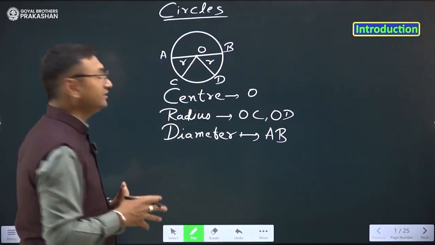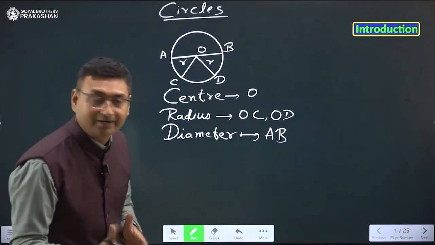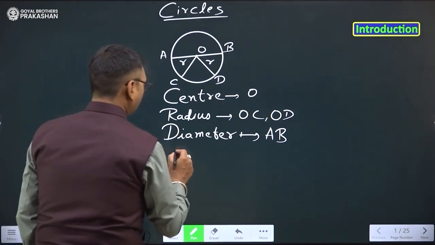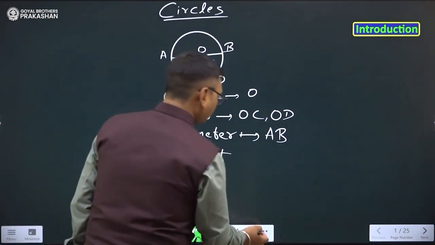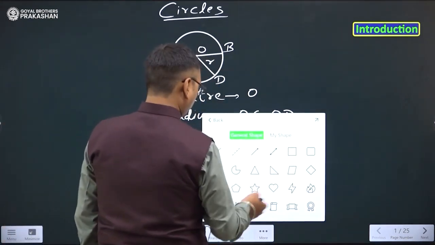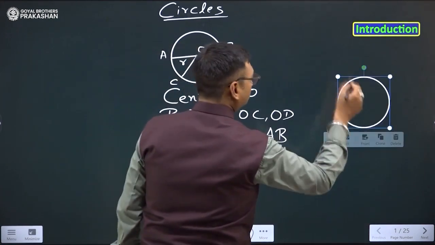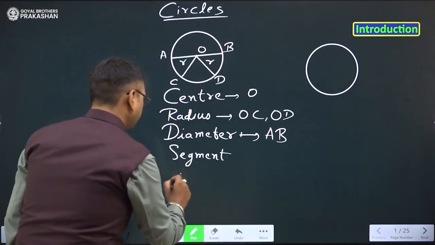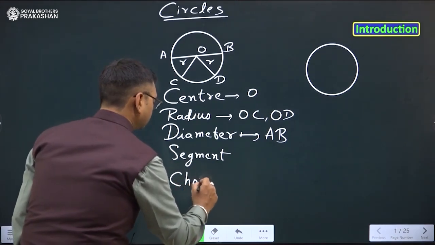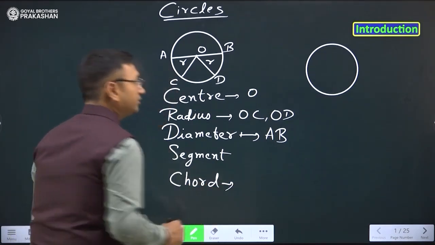And you must have read sector, segment. Okay. So if we talk about segment, how to denote a segment? First of all, let me make one more circle, and before segment, you must have read about chord. So what is chord?